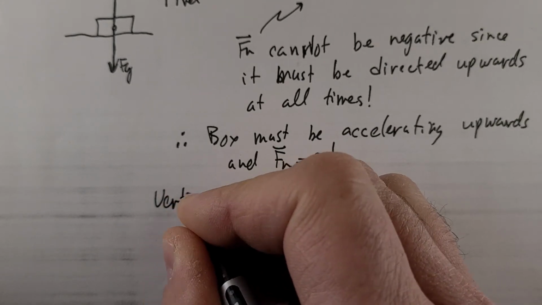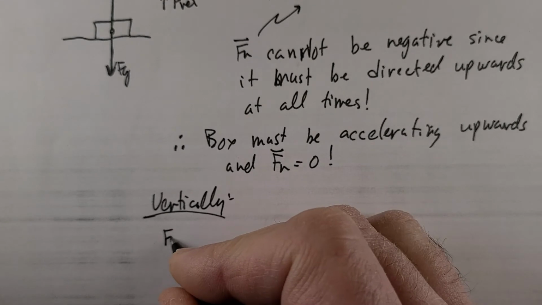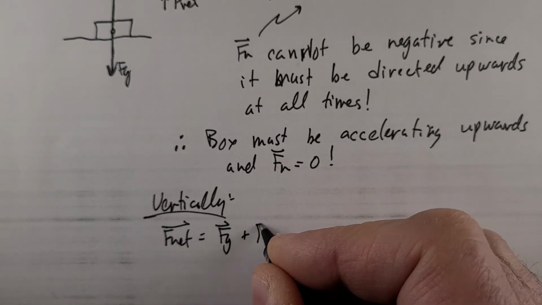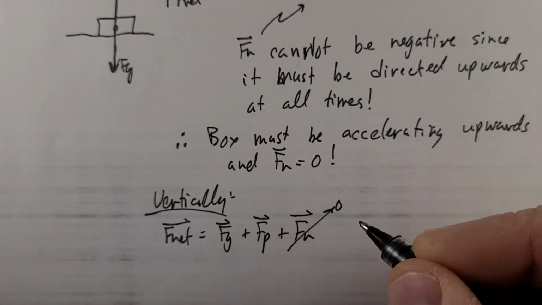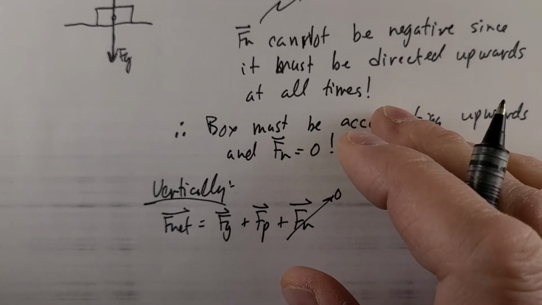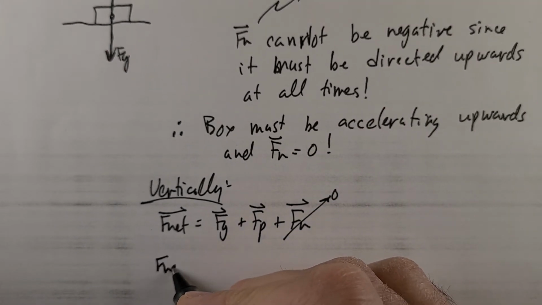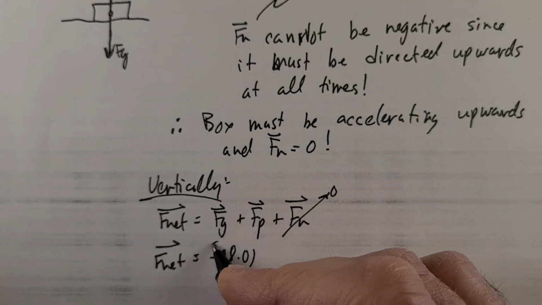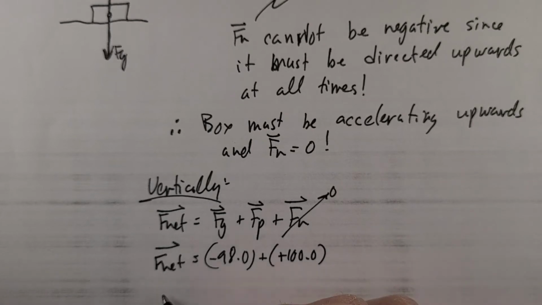So this is how we have to analyze it vertically. Fnet is equal to Fg plus Fp. Now if I include the Fn, it's not going to exist because my Fp is so much bigger. And this is going to result in a net force here. It's negative 98 plus a positive 100.